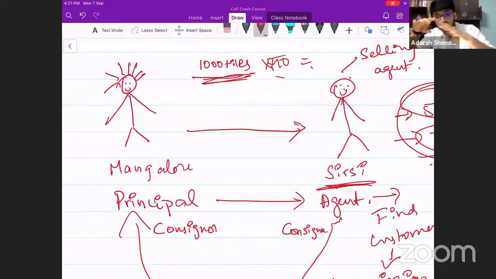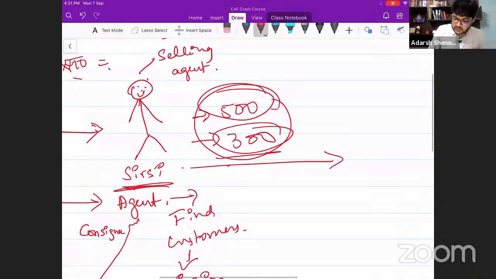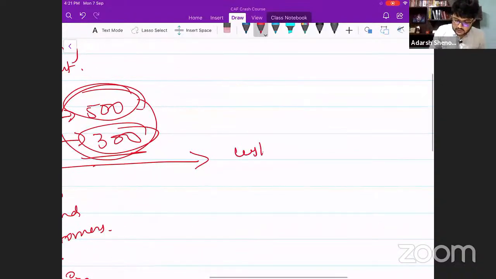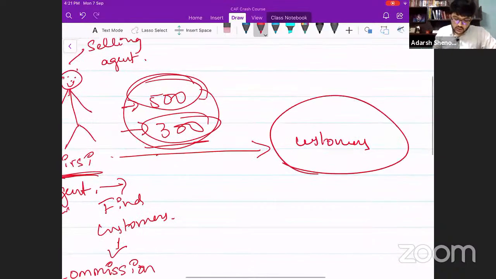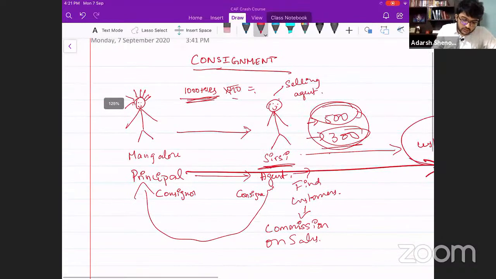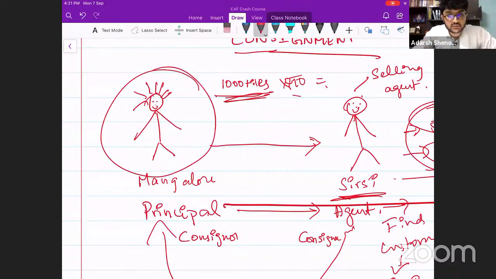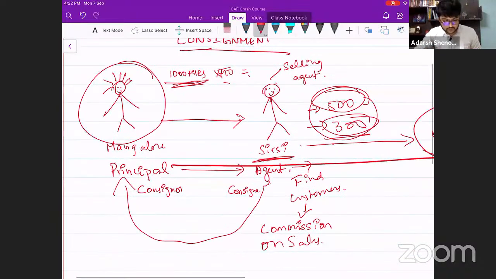It is transferred to the customer. The selling agent, the consignee will find customers, right? So it is transferred to these ultimate customers or the end customers. The transfer of risk happens. Till then, the risk attached to the goods is with the consignor itself. It has not changed. I hope this is clear to all of us. We have understood this concept. Wonderful.